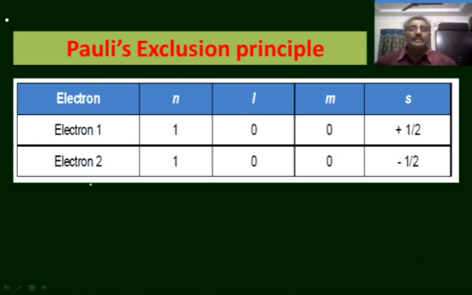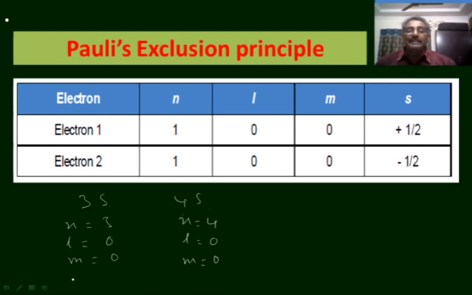If you consider 2 electrons in the 3s orbital and 4s orbital, for the electron in the 3s orbital, the principal quantum number n is equal to 3, the azimuthal quantum number L is equal to 0, and the magnetic quantum number m is also 0. For the electron in the 4s orbital also, the principal quantum number n is equal to 4, L is equal to 0 and m is equal to 0.